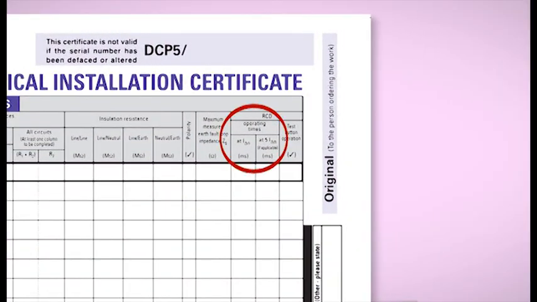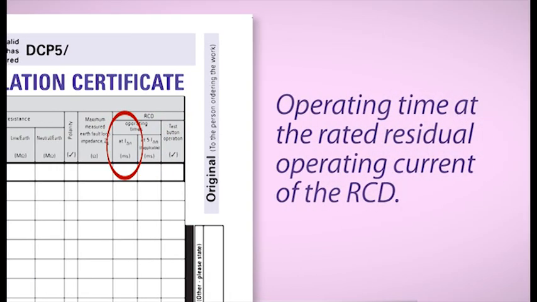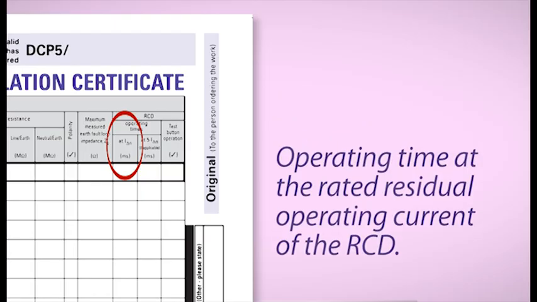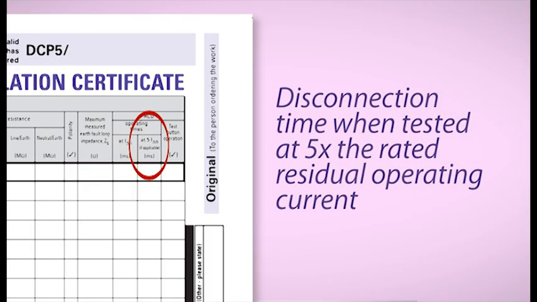Next, we have two columns for RCD operating times. The first is the operating time at the rated residual operating current of the RCD, which is required for all RCDs and RCBOs. The second column is for the disconnection time when tested at 5 times the rated residual operating current.